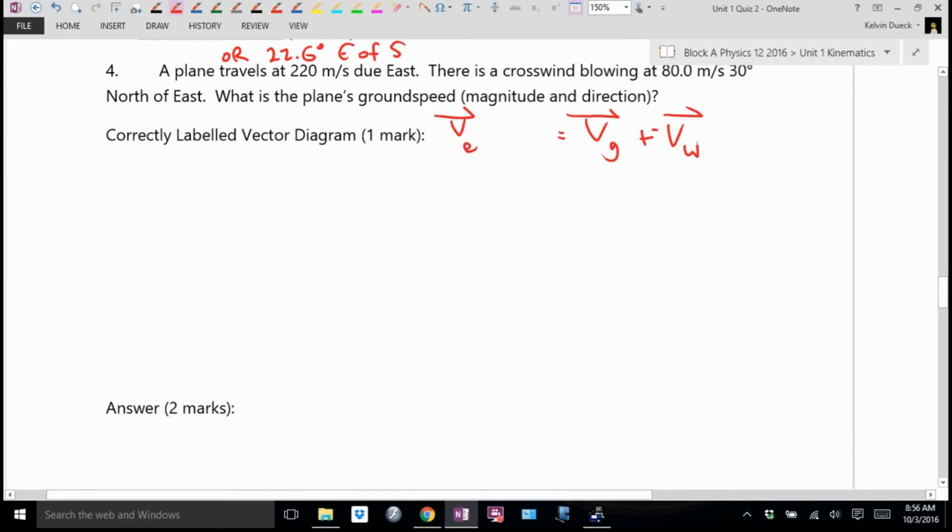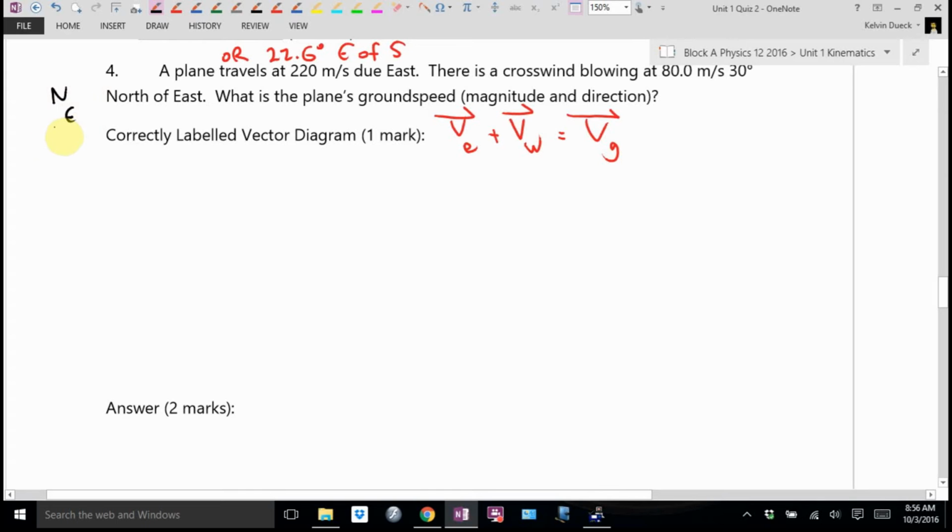I would have no problem, especially if I gave you this equation here, asking you on your test to get one of these by itself, subtracting a vector. How do I subtract vectors? I don't. I add the opposite. Okay? Just gave you all of it. Okay.